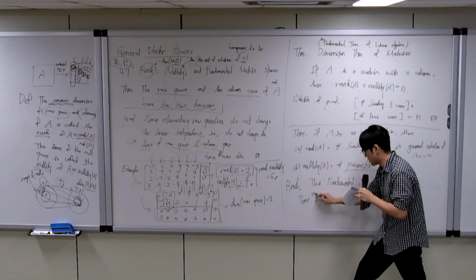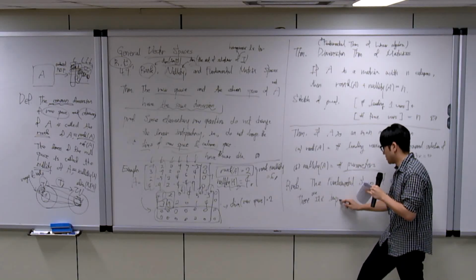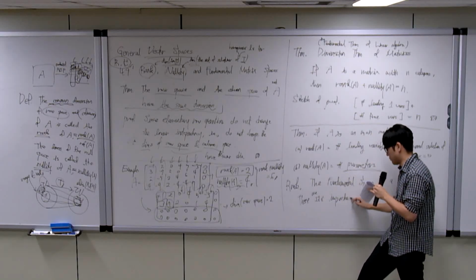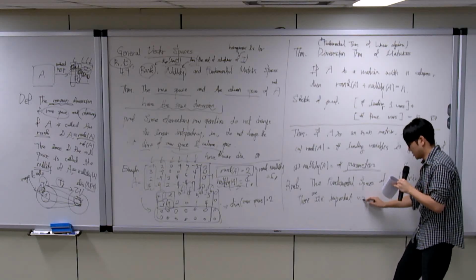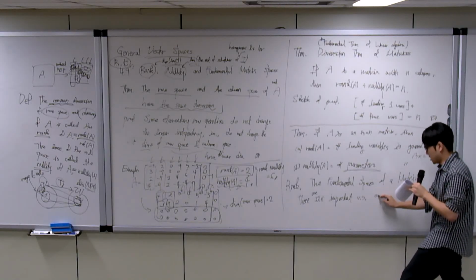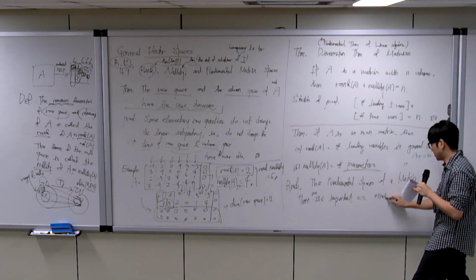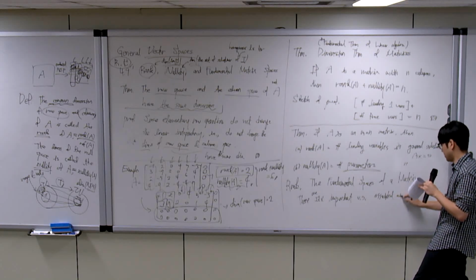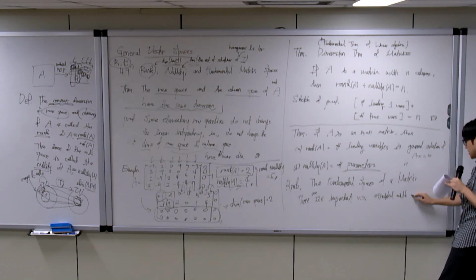There are 6 important vector spaces associated with an M by N matrix A.